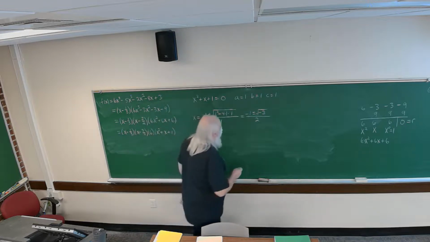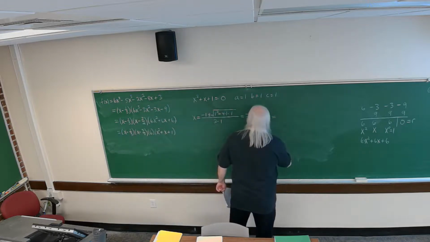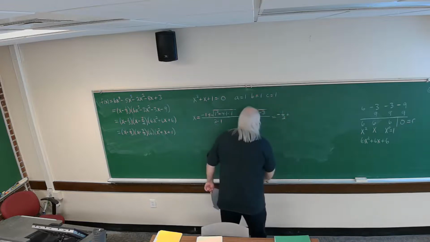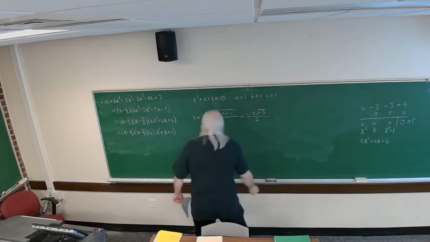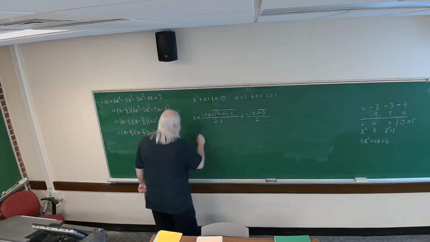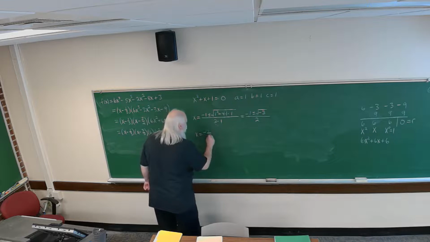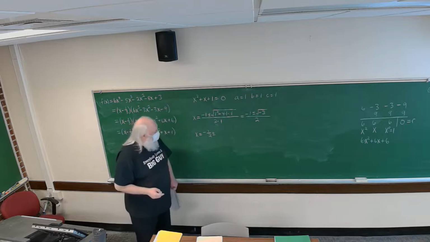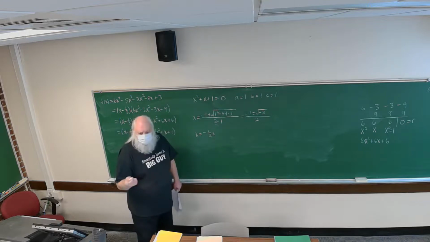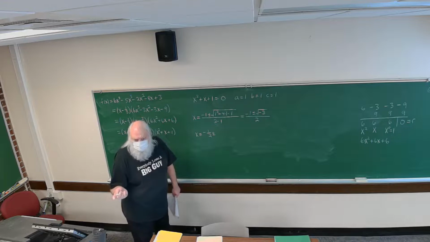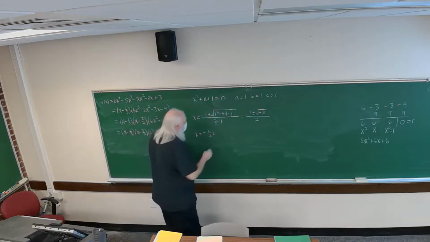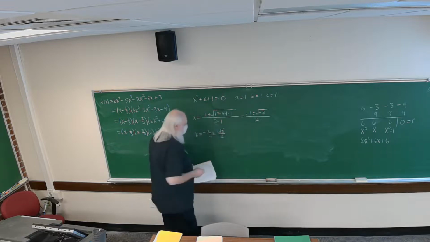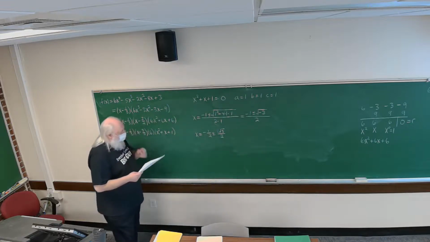So x is equal to minus 1/2 plus or minus the square root of negative 3 over 2. But square root of negative 3 is written as what? i times the square root of 3, right? Over 2.